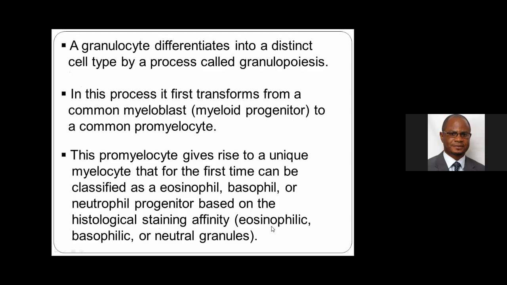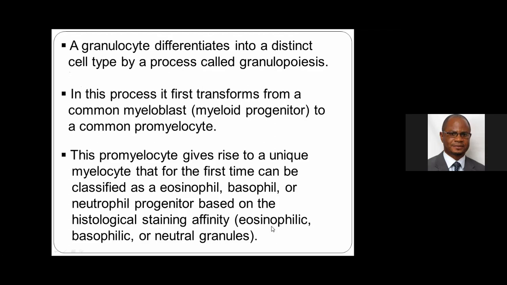The neutral cells will not pick up either. So the granules of neutrophils do not pick up any stain, whilst the granules of eosinophils pick up eosin, and the granules of basophils pick up the methylene blue. That is how we are able to differentiate the 3 cells.